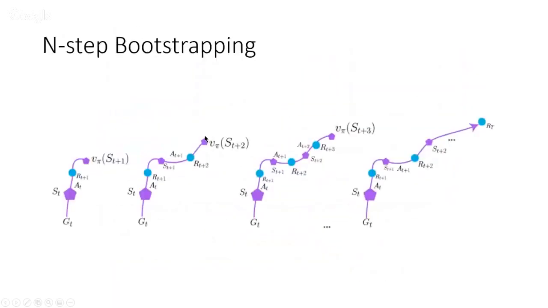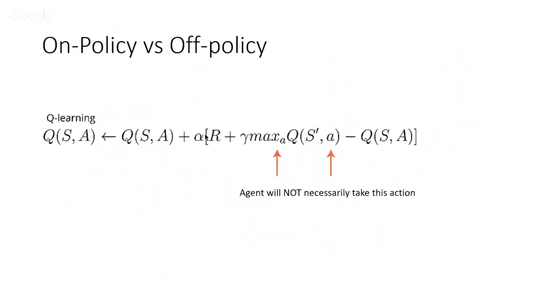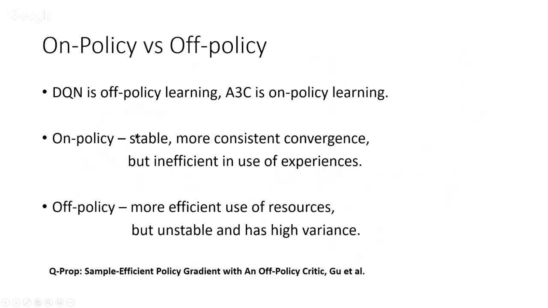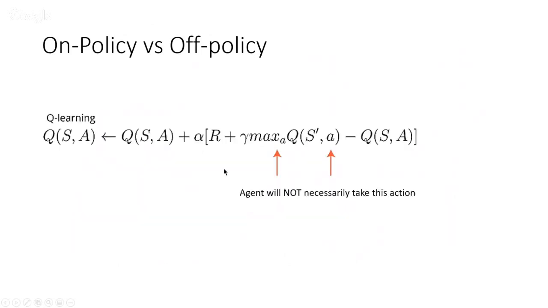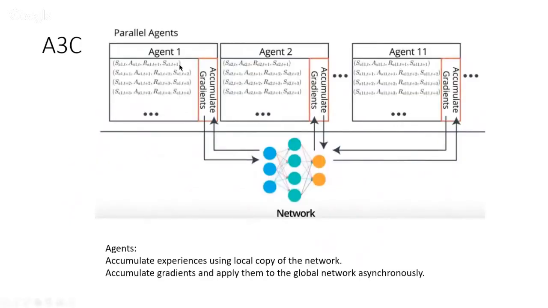It's said that on policy doesn't collapse after some point and has more consistent convergence, but it's inefficient in its use of experiences because you're not storing them.